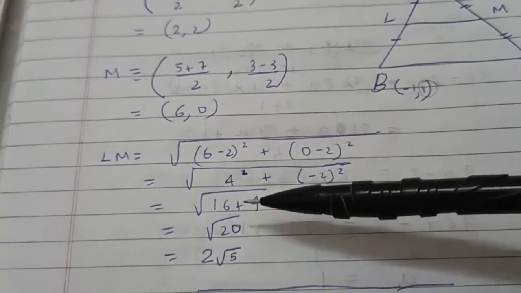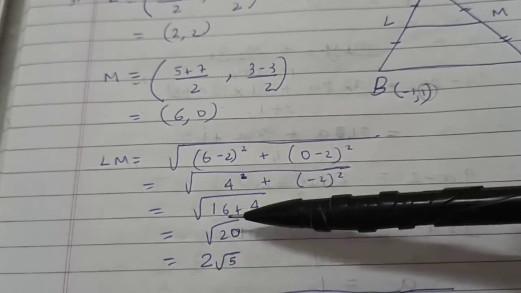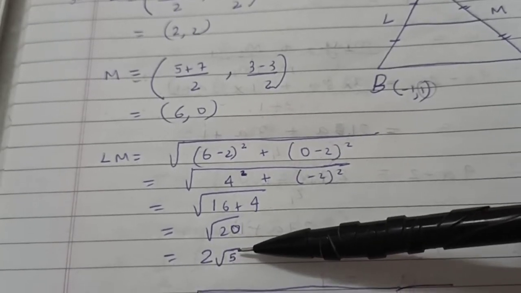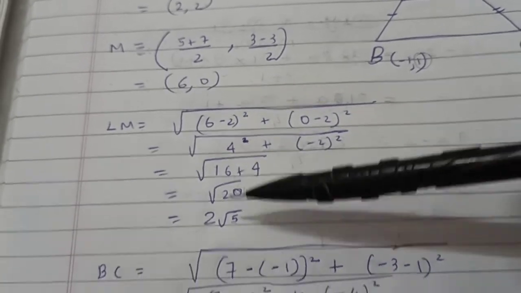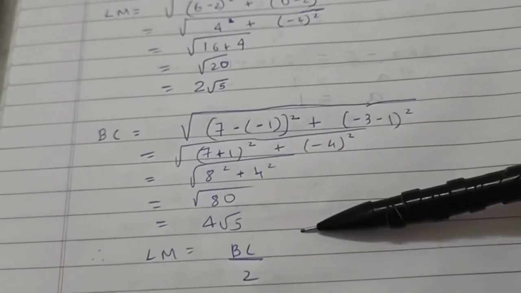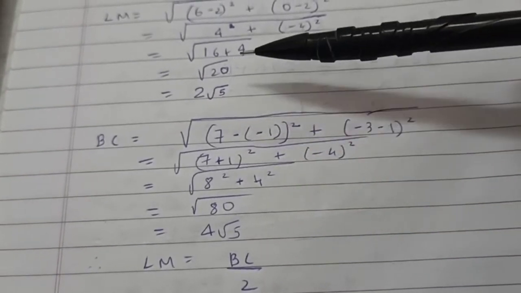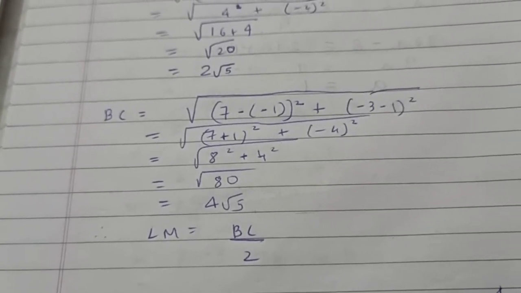Square root of 20 is nothing but 4 into 5. Square root of 4 is 2, but root 5 we cannot solve further, so keep it as it is. No need to find the decimal value. Similarly, get the value of BC, because we know the coordinates, we can use distance formula, and you will notice that indeed LM is half of BC. That's what we had to prove.